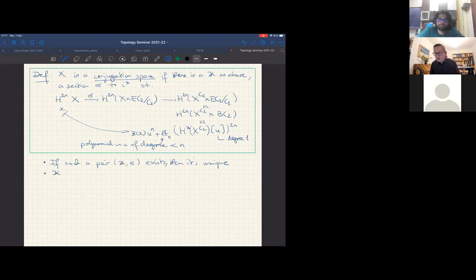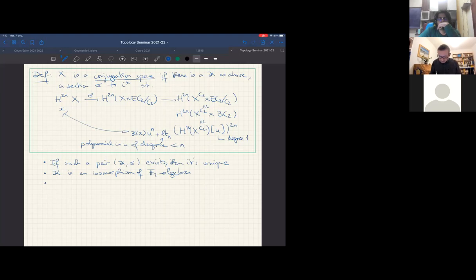Kappa is not only an isomorphism of graded vector spaces, but it must be an isomorphism of F2 algebras, so it's compatible with the cup product.